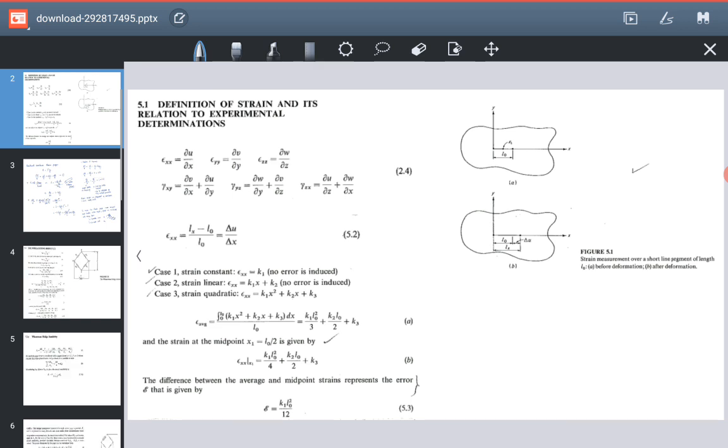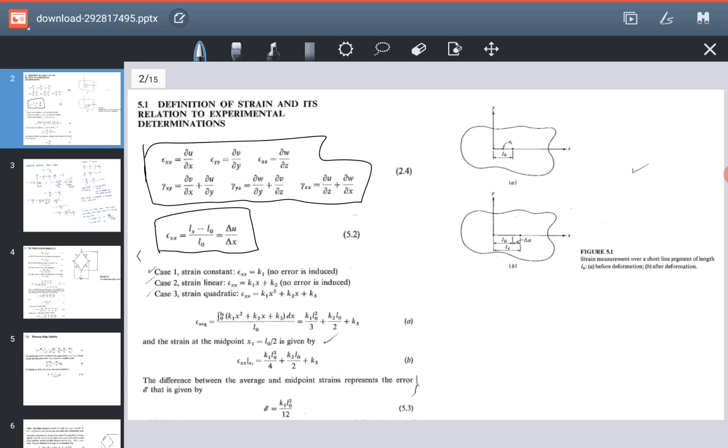Now the strain along the x-axis will be given by this equation, and this is just a reference that this is the state of strain along all three axes with their shear strains as well.